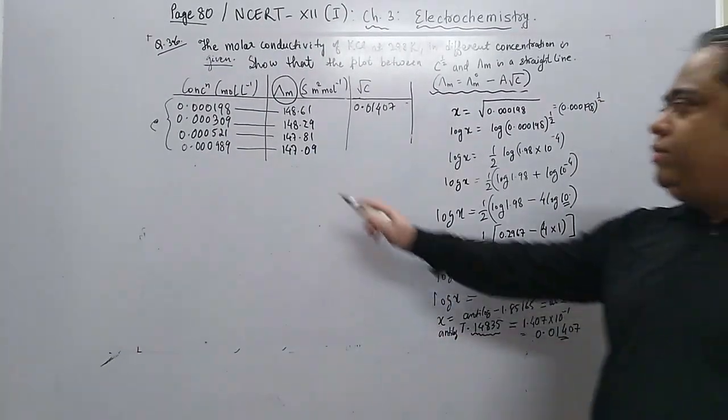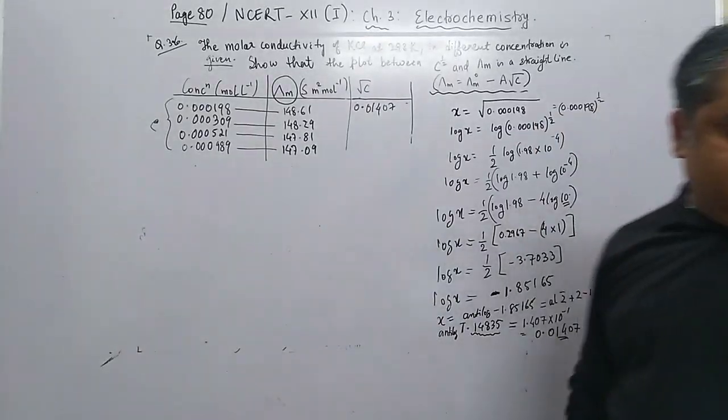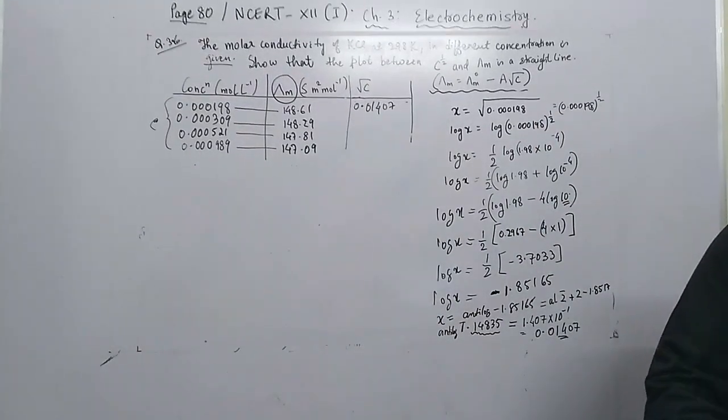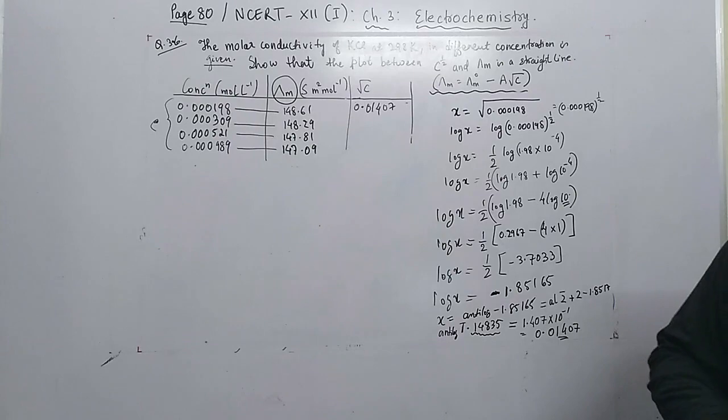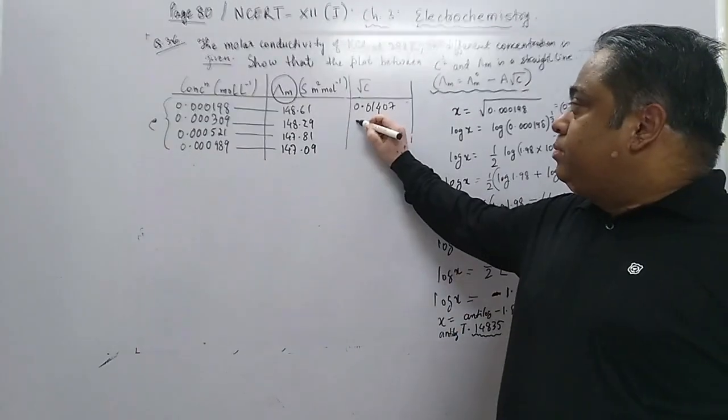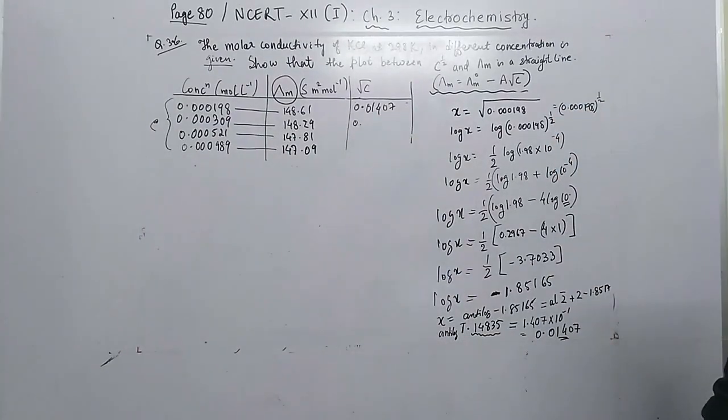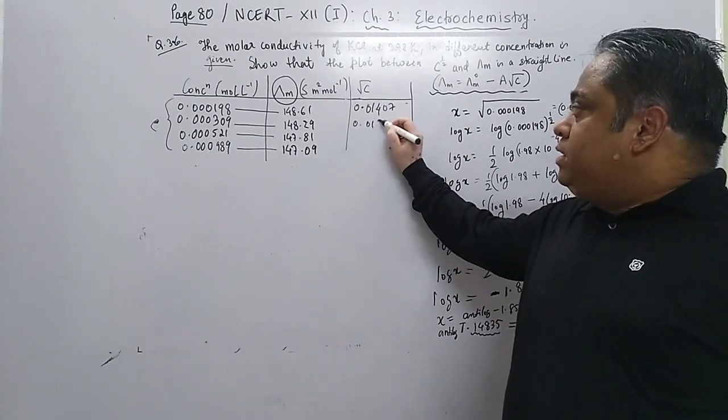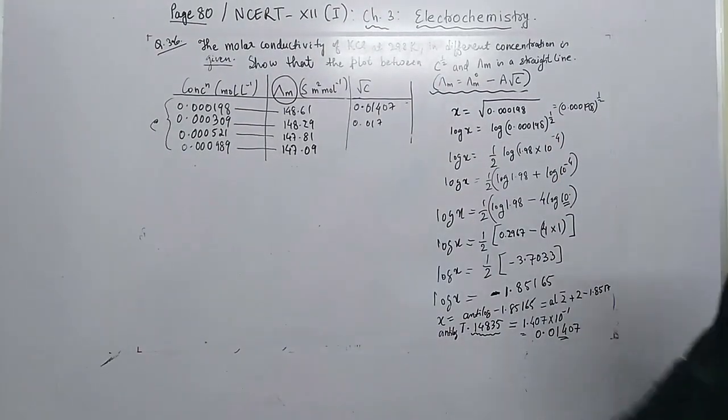Likewise, we can find out the value of root C for all the other three values, which comes out to be 0.01758.